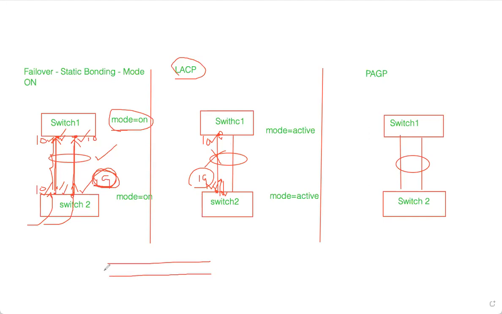If this road accepts traffic from this way and also traffic from this way, that is called full duplex. Half duplex means either the traffic can go this way or the traffic can go this way. At the same time, both paths will not work. That is called half duplex.